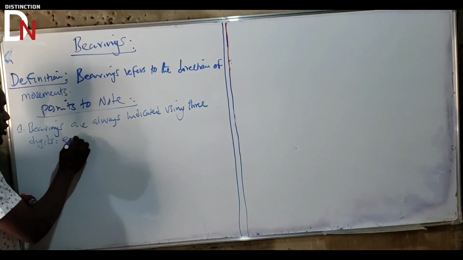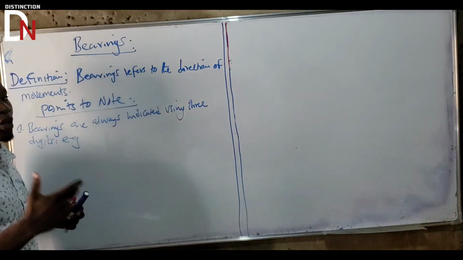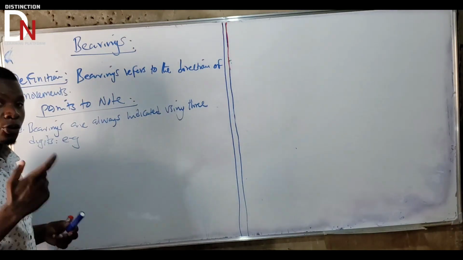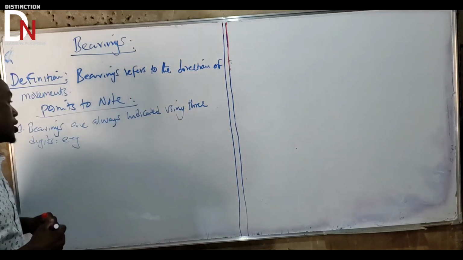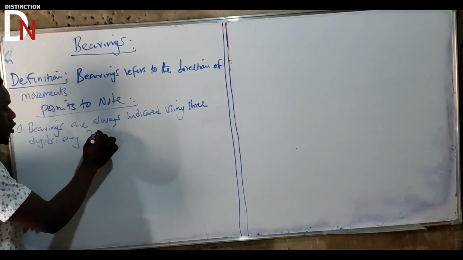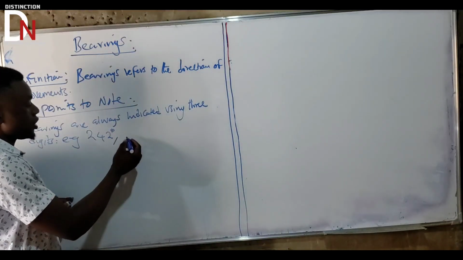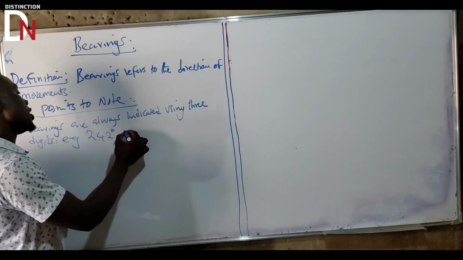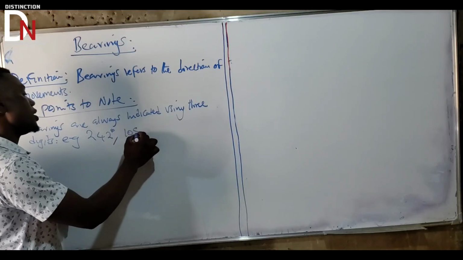For example, when you find the final solution under bearings, it is supposed to have how many? 3 digits. For example, this is 242 degrees, and this is 108 degrees.